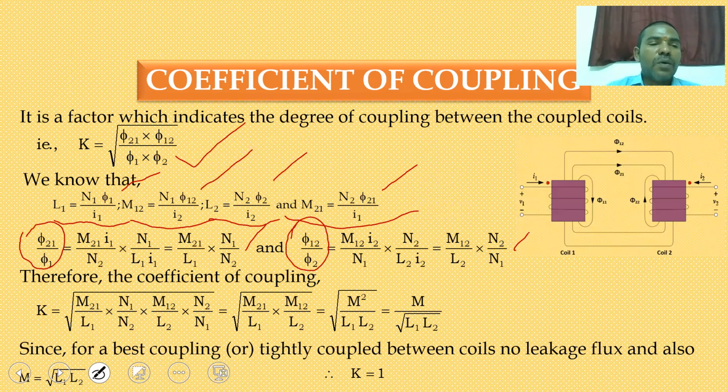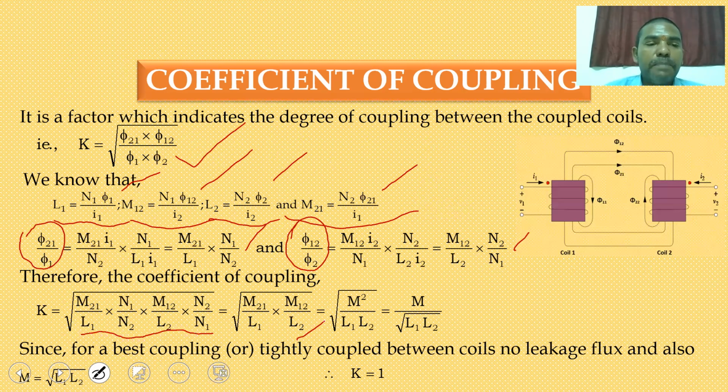Now the coefficient of coupling is, under the radical, phi21 by phi1 multiplied by phi12 by phi2. Substituting the above values, M21 by L1 into N1 by N2 into M12 by L2 into N2 by N1. Here N1 gets cancelled, N2 gets cancelled. So finally under the radical you get M21 into M12 divided by L1 into L2.